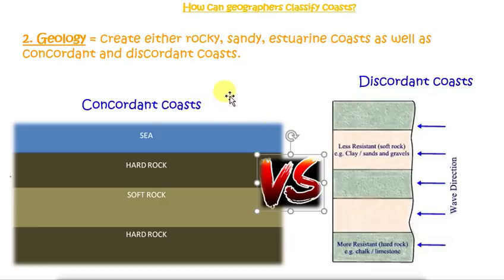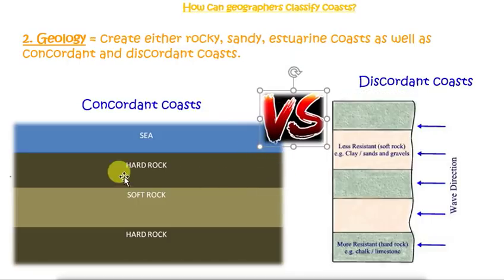The one on the left is called a concordant coast, and that is where you've got bands of rock alternating between hard and soft rock, and these bands of rock are in line with the coast. So they run parallel to the coastline, all right?